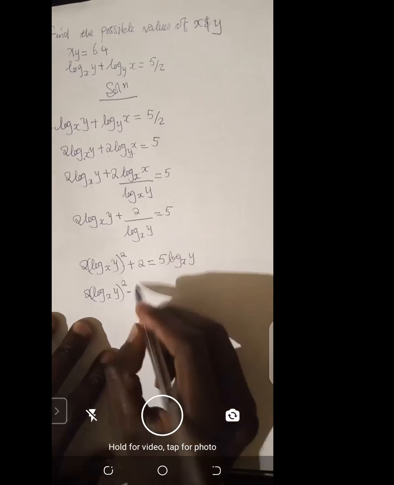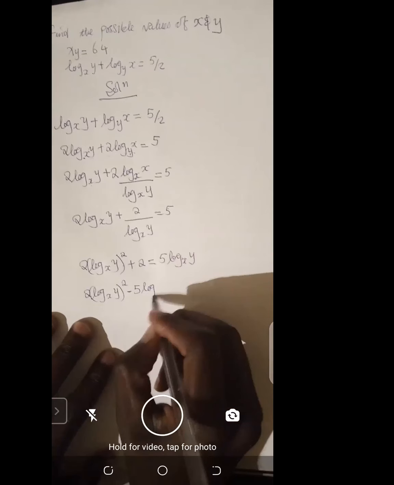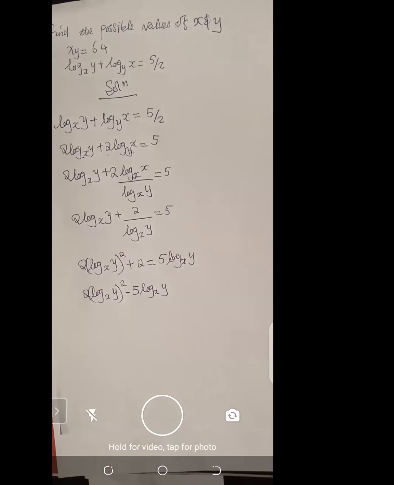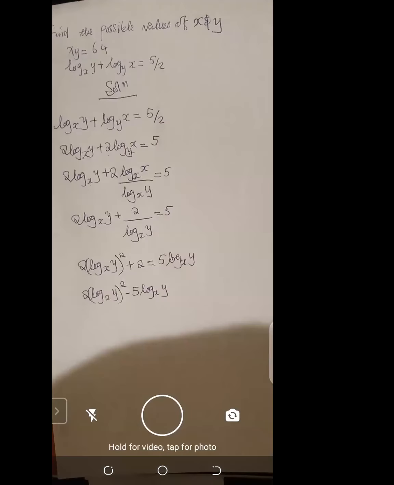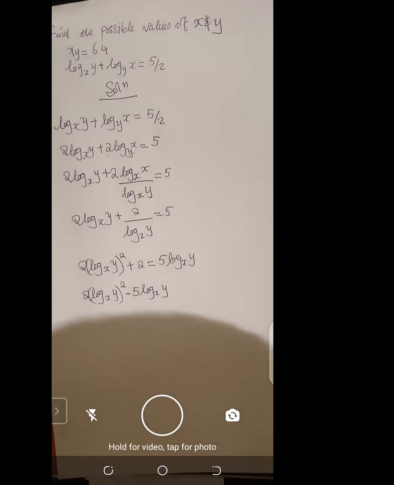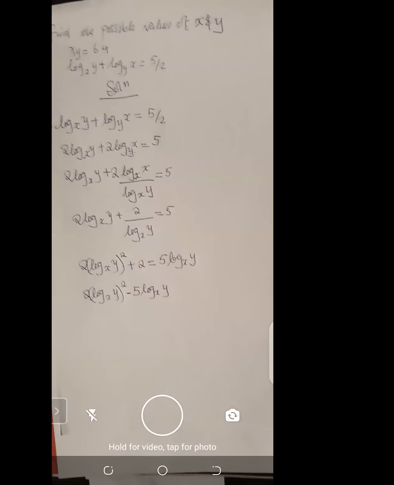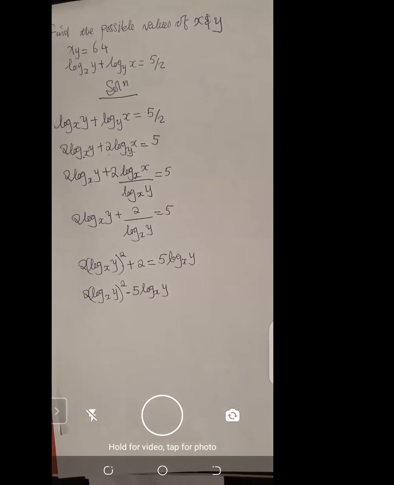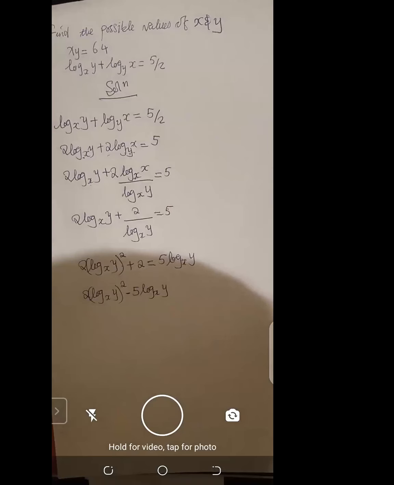Can you please kindly run through the previous step? I'm a bit behind. Which step? The part where you square the log x of y. Oh, the log x of y. Yes.